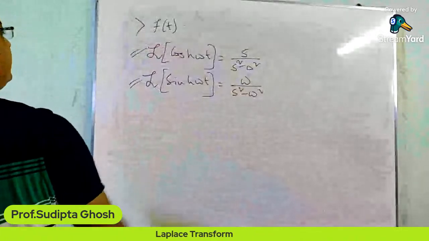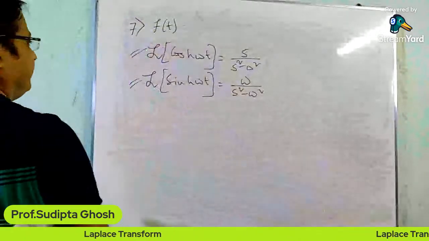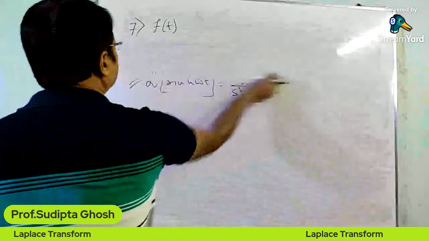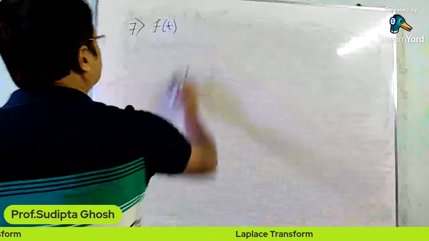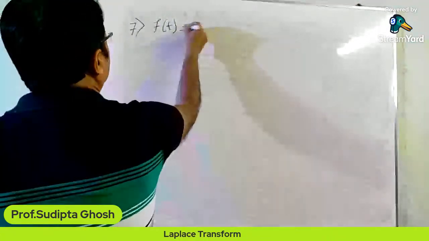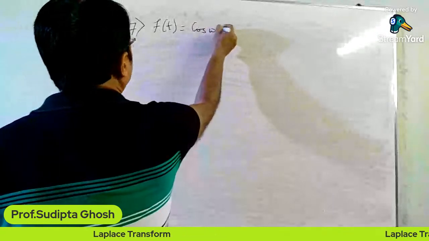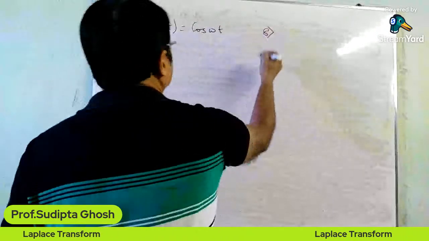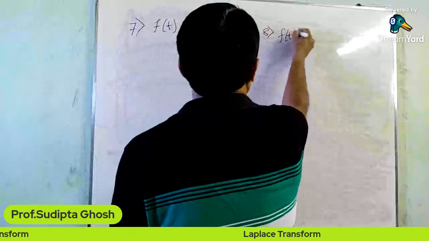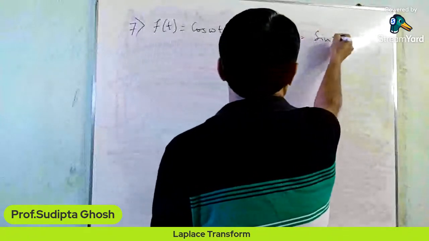So I think it will be number 7, where f of t equals cos omega t, and number 8, f of t equals sine omega t.